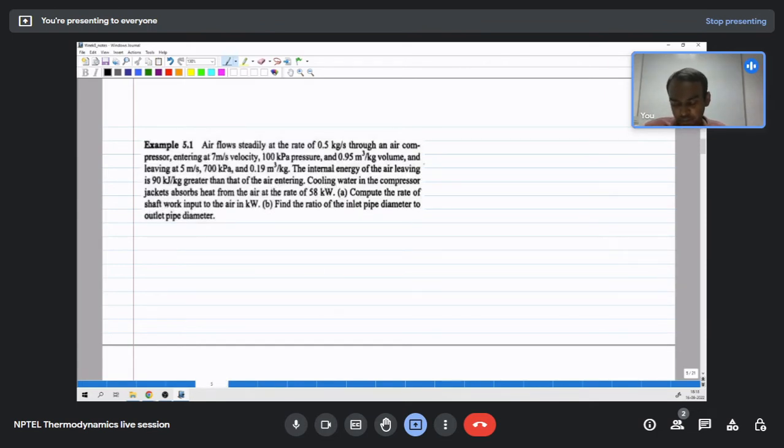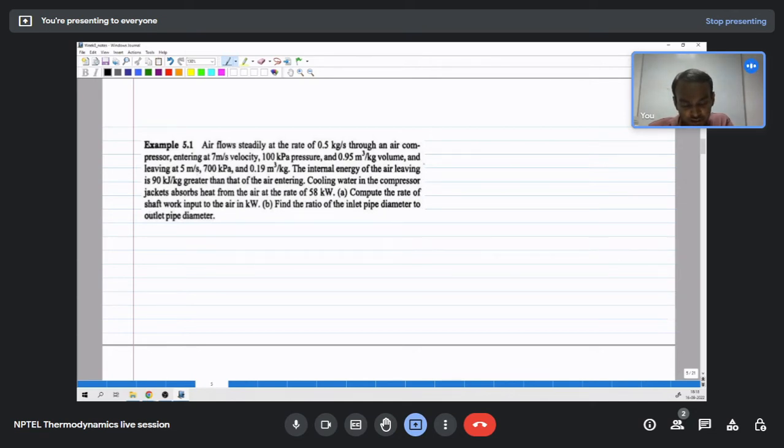In the next problem, we have air flowing steadily at a rate of 0.5 kilogram per second to a compressor, entering at 7 meter per second velocity and 100 kilopascal pressure and 0.95 meter cube per kg of specific volume, and it leaves the compressor at 5 meter per second, 700 kilopascal and specific volume of 0.19 meter cube per kg.